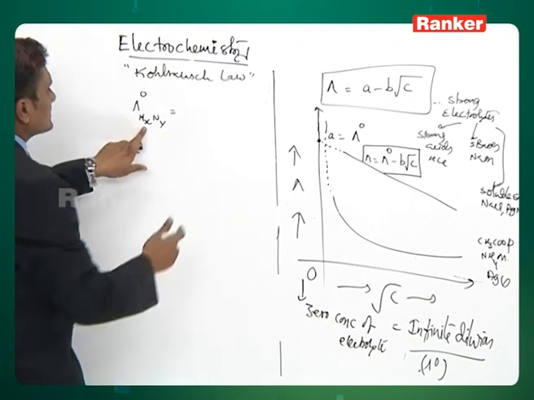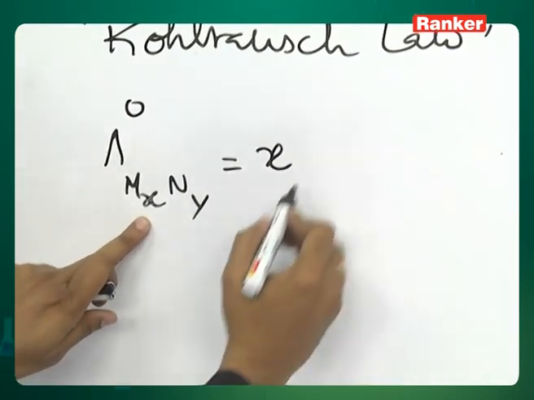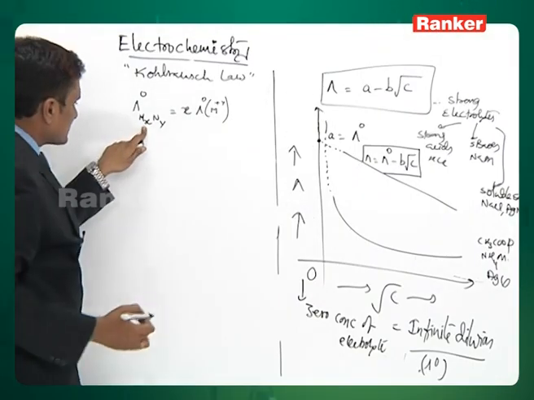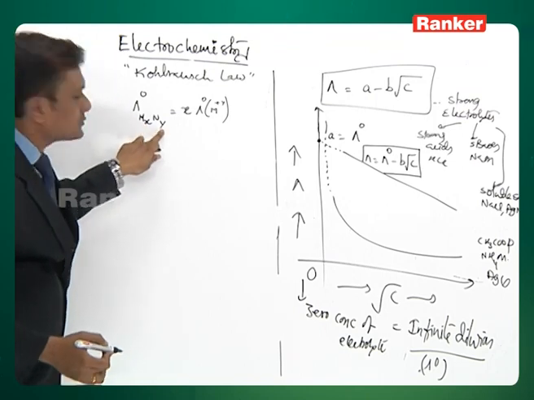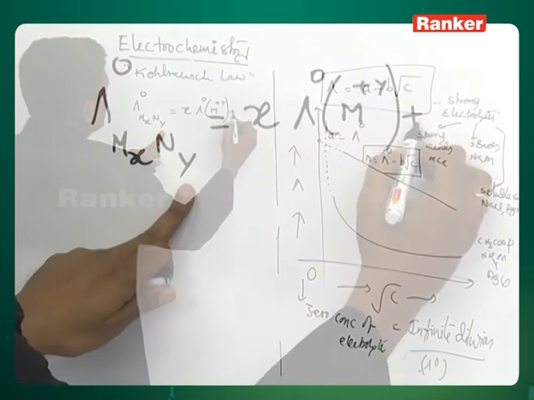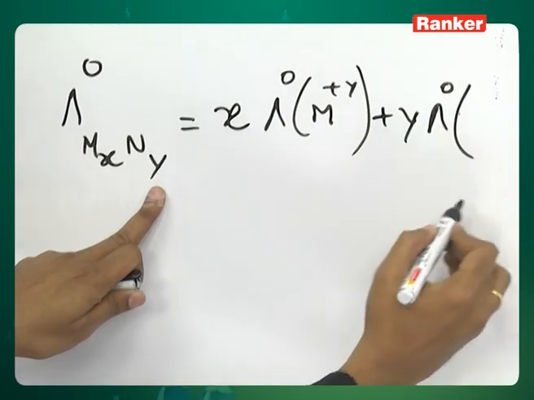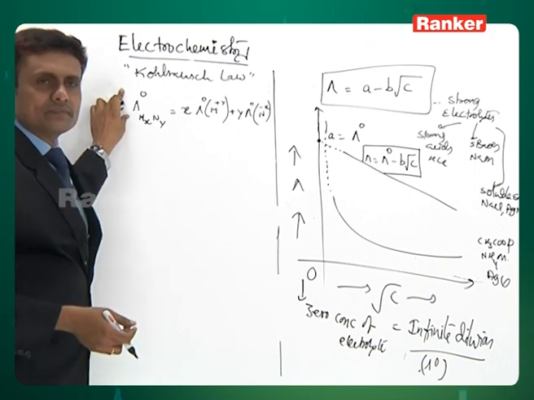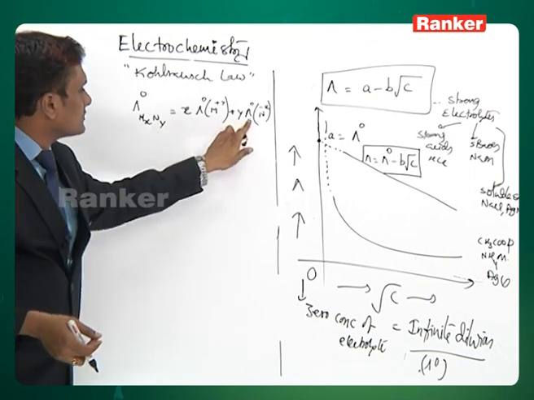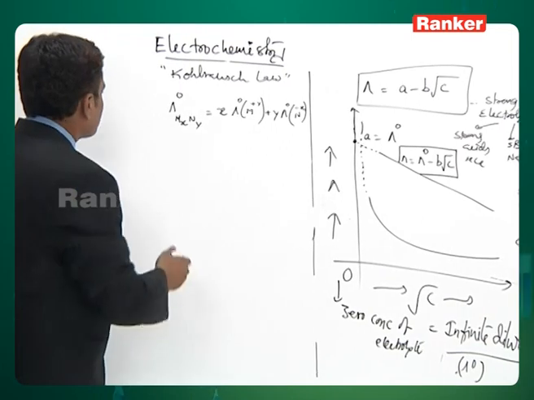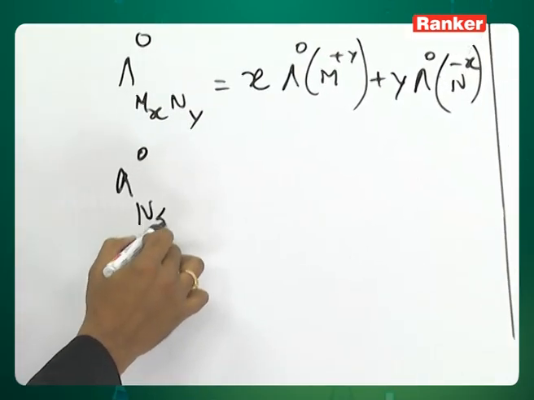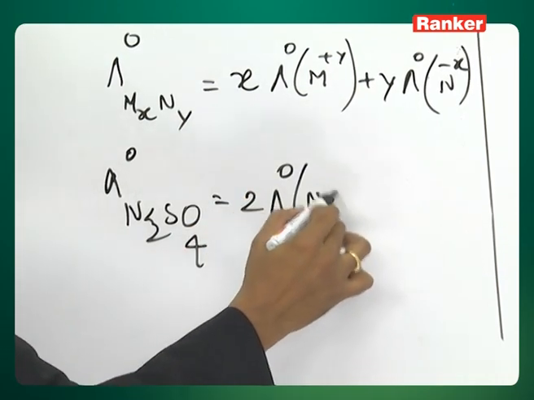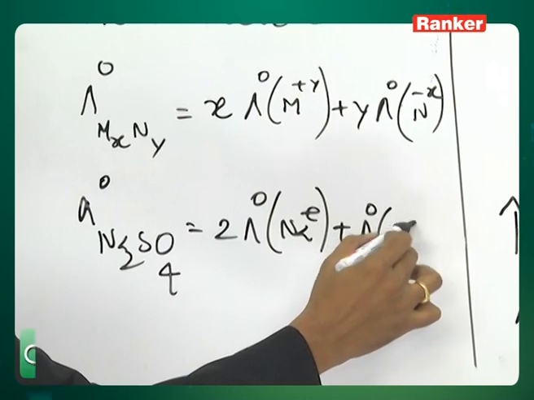You can see here when I take this, it is going to split into x moles of M^y+, because here there are x moles of M whose valency is y, plus y moles of N^x-. That means the conductance of the salt is the arithmetic sum of these two. So when I write lambda naught of Na2SO4, how would I write? Equal to 2 times lambda naught of Na+ plus lambda naught of sulfate ion.